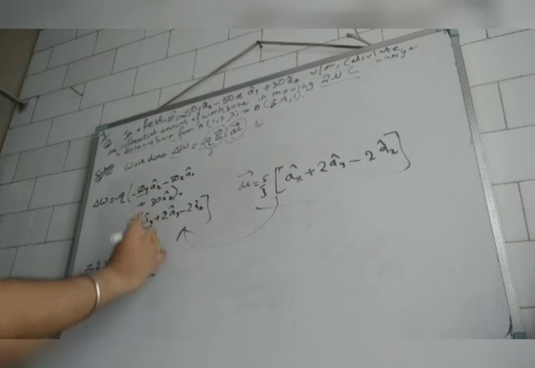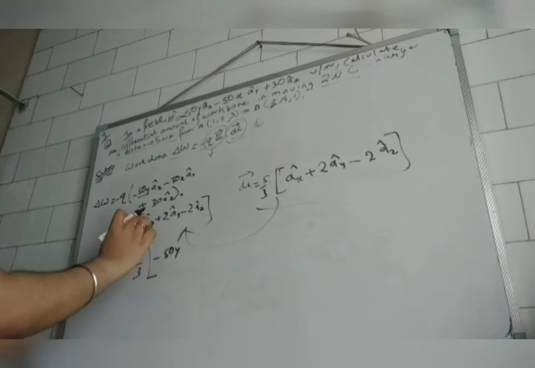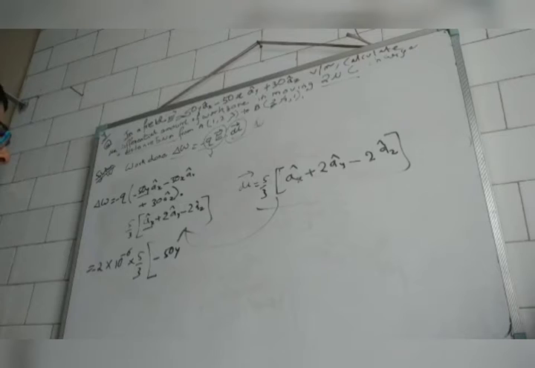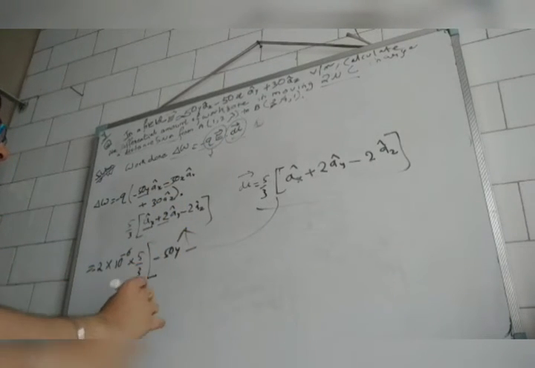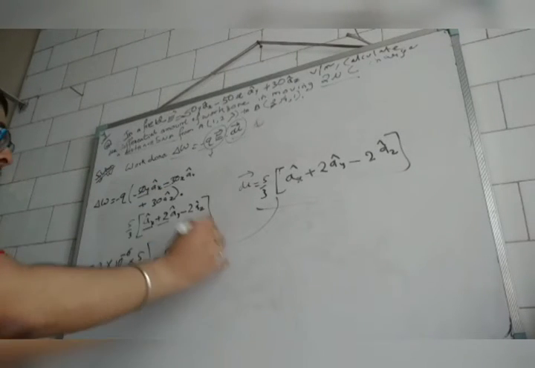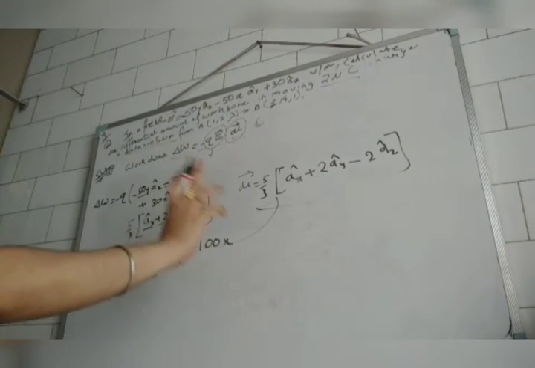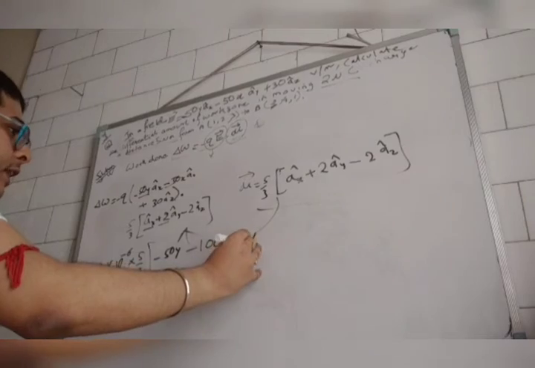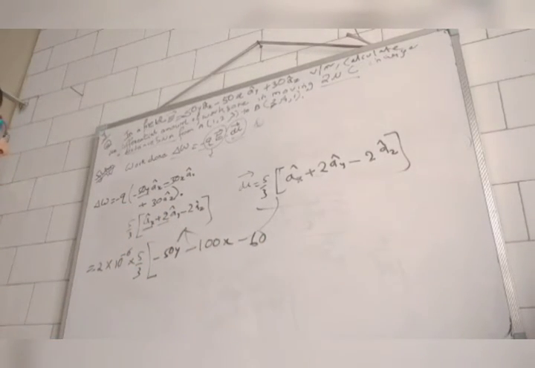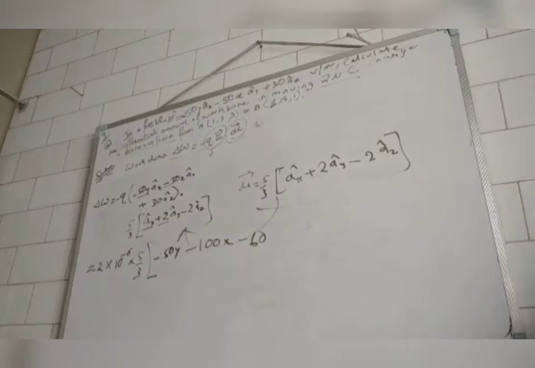You will have minus 50y, x dot x is 1, so we have only minus 50y. And for this case we will have plus 2 times minus 50x, so minus 100x, and ay dot ay will be 1. And this will be minus 60, since 2 into 30 is 60. So this is what we got.